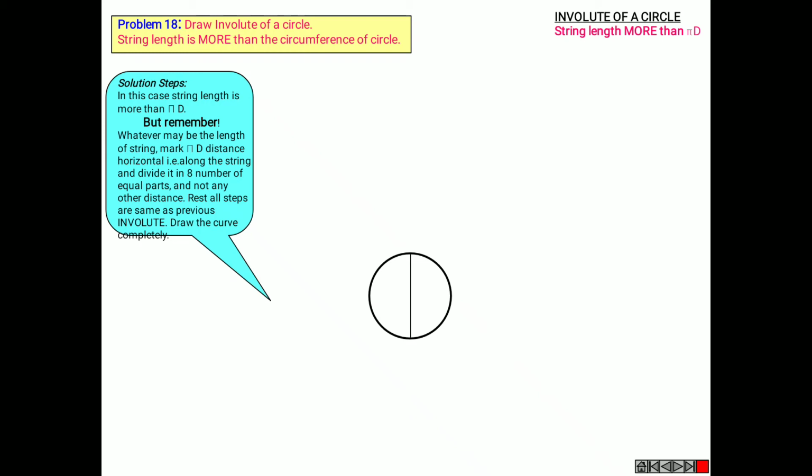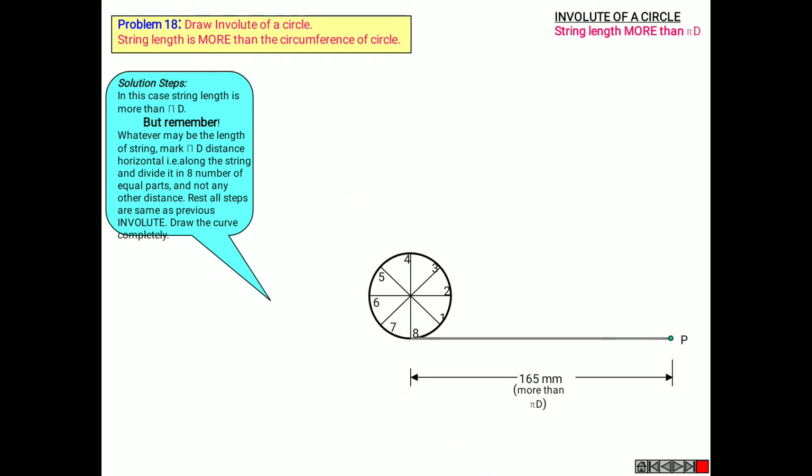Same, taking a circle, divide it into 8 equal parts, mention them in anti-clockwise order. Similarly, draw the circumference with 165 mm more than pi d.